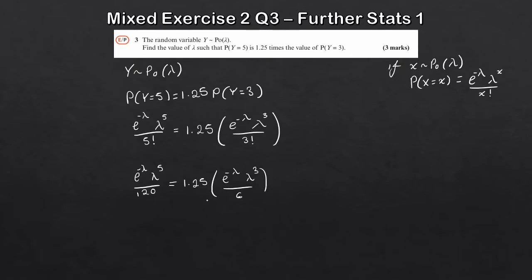And I'm just going to start solving and simplifying. So this 1.25 divided by the 6 here, I can write as 5 over 24. I'm going to do that just to make life a little bit easier. So e to minus lambda times lambda to the 5 over 120 is equal to 5 over 24 e to minus lambda, lambda cubed. Okay.